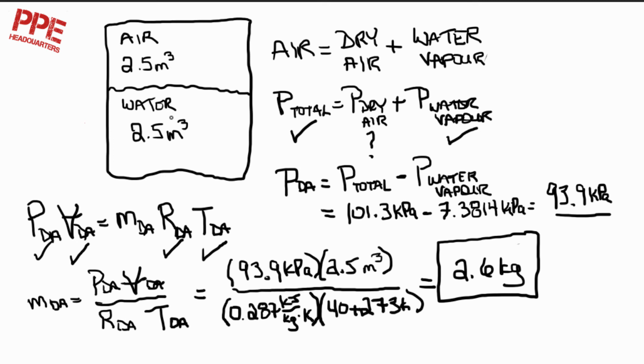The molecules will actually mix in between each other. By knowing this water vapor, you don't confuse it with the water in the tank. It's a very misleading question that way. It's worded pretty poorly. When they give that R for air in a question, they should actually be listing that R for dry air.